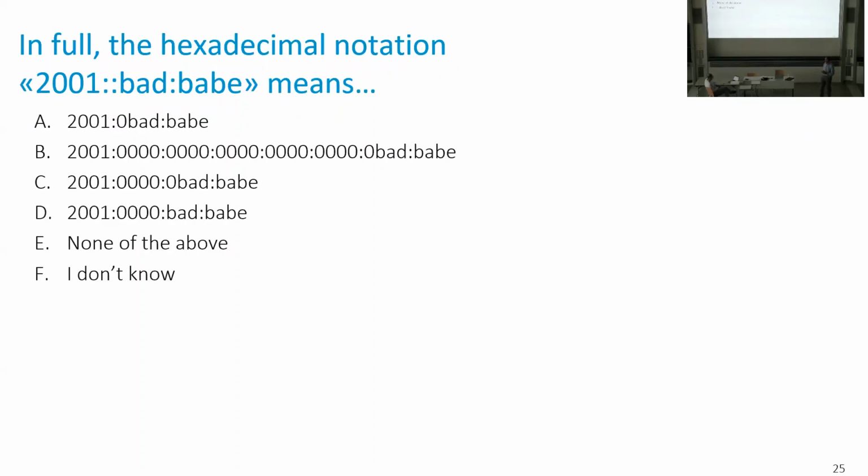Now an IPv6 question. What is the non-compressed version of this?